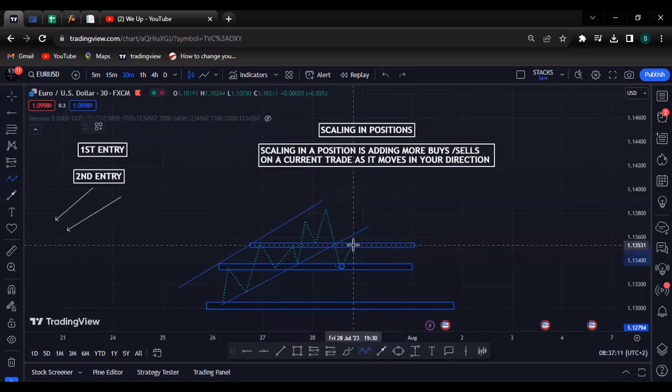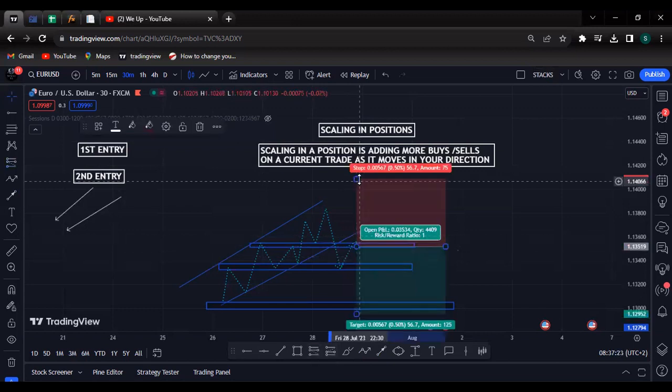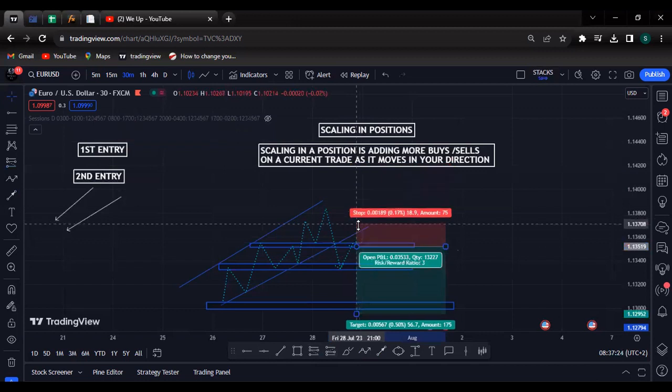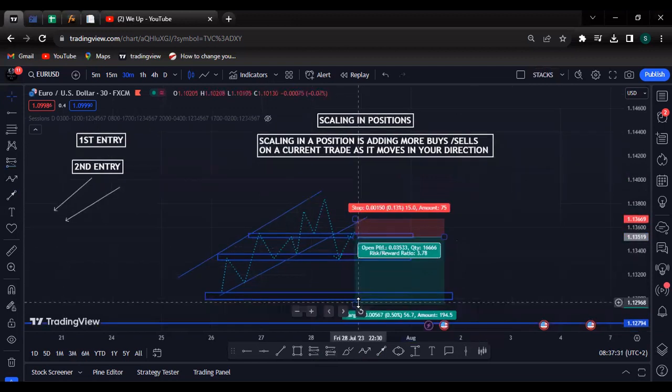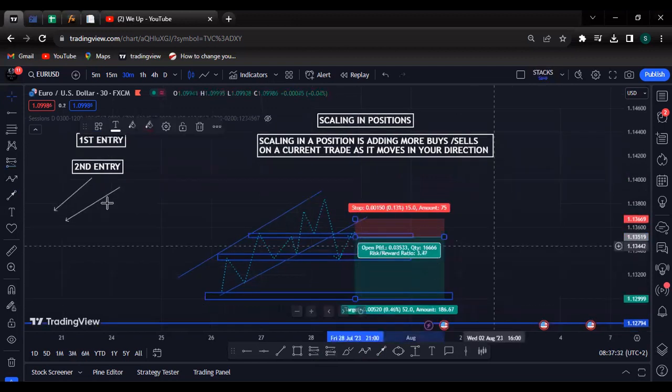So let's say we do see price retest the zone, and then we enter. We see price retest this zone, then we enter our trade, placing our stop loss just above here. Our take profit will be down here like this.